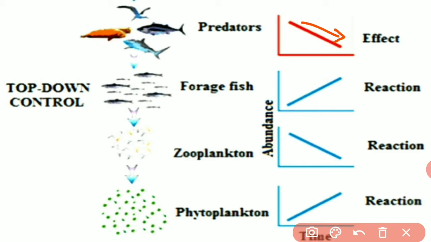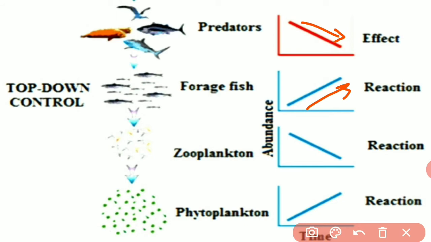In the next trophic level, there are small fishes or forage fishes. If the top trophic level has a low population of large fish, then obviously a low amount of forage fish or small fishes will be consumed by the upper level. As a result, there will be a high population of small fish, which is indicated by this upright graph.